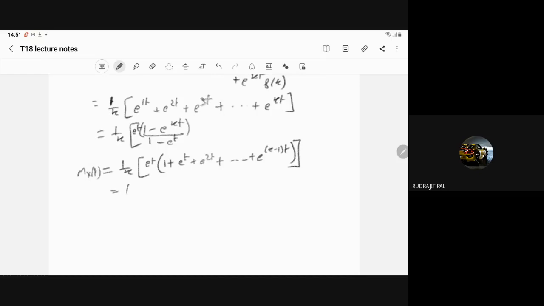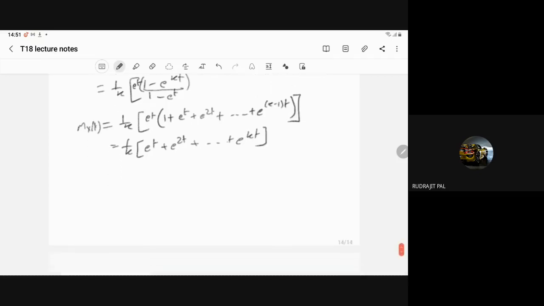So M_X(t) is 1 upon k times (e^t plus e^2t plus up to e^kt). Now what they have asked is E[X²], which is the second derivative d²/dt² of M_X(t) at t equal to 0.